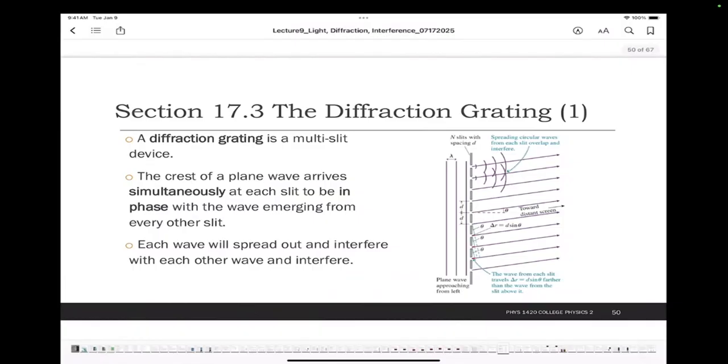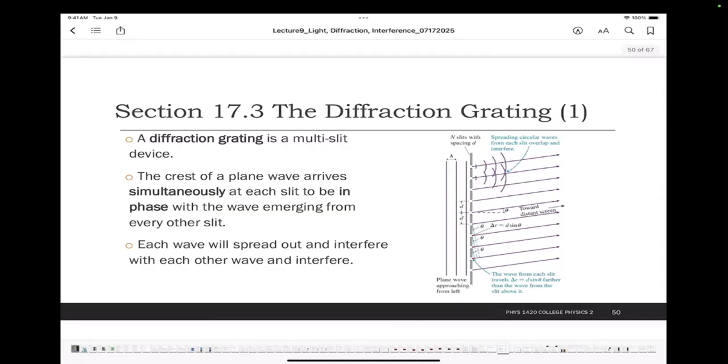The incident plane wave arrives simultaneously at each slit to be in phase with a wave emerging from every other slit. Each wave will spread out and interfere with each other wave. Does that make sense to you?